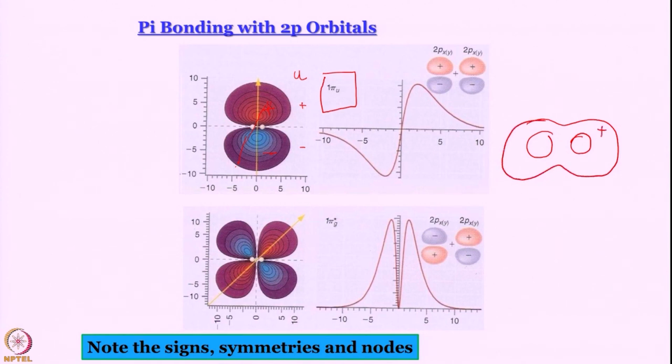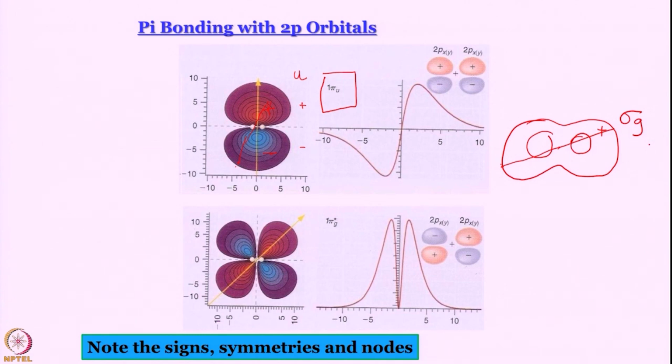Now see, it is plus everywhere. So, if you go from any point through the center, equal distance to the other side, you get no inversion at all, no change in sign of the wave function. So, this is called a sigma g wave function, g for gerade. Gerade and ungerade are German words. Gerade means symmetric, ungerade means antisymmetric, as far as we are concerned.